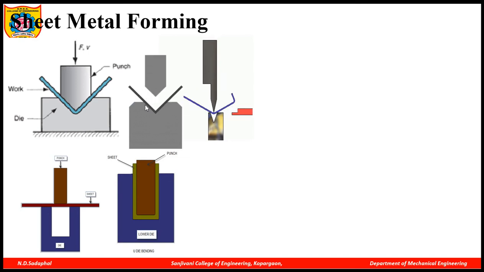The shape of the final workpiece is V, so it is called V bending. Here also, for the lower die a U-shaped cavity is given, force is applied by the punch so that the workpiece gets deformed in U shape, so it is called U bend. There is no removal of any workpiece material, so there is no waste.